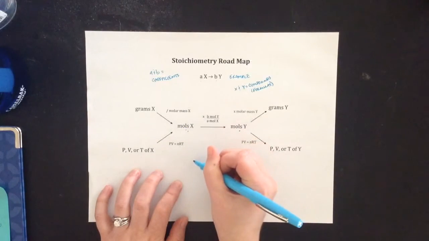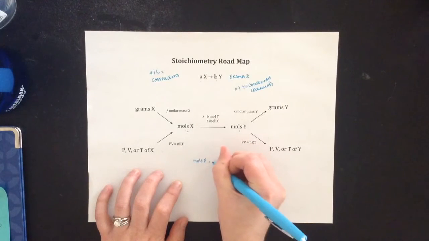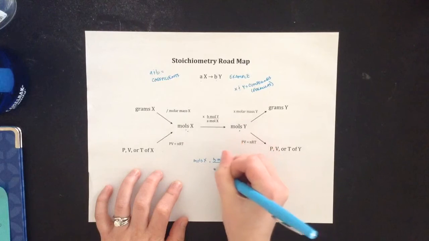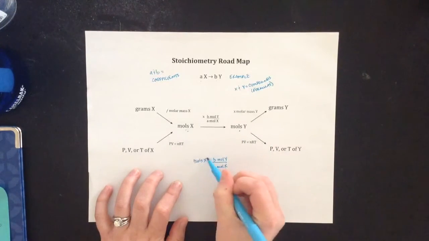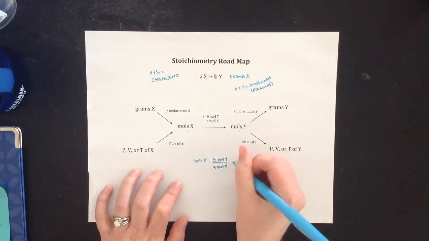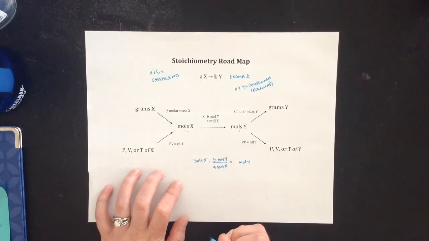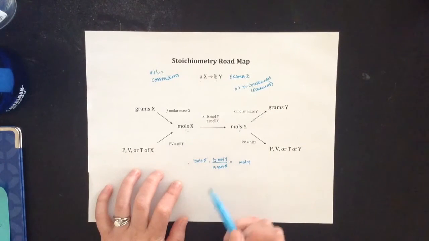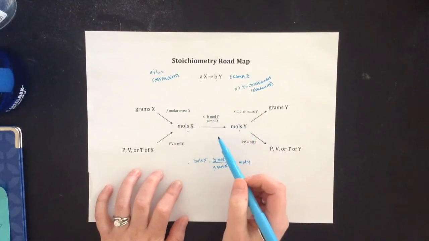So if we set this up down here, it would be moles X times the coefficient for Y divided by the coefficient for X. This means that our moles of X will cancel and we will be left with moles of Y at the end. So we'll multiply our number here by our coefficient for Y and then divide by our coefficient for X. So that's how we do this middle part.